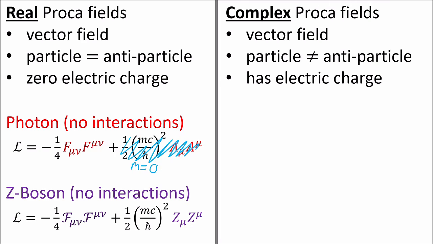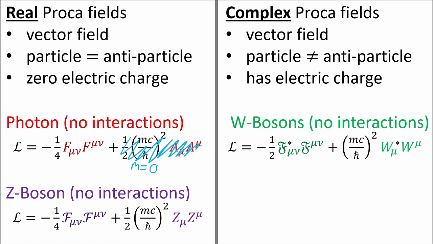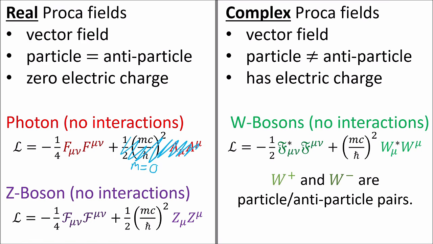The main example here is the W bosons, where the W plus and W minus bosons are particle-antiparticle pairs, described together by a complex field. Now, keep in mind these Lagrangians are for free particles with no particle interactions. The Lagrangians would get much more complicated if we included particle interaction terms.